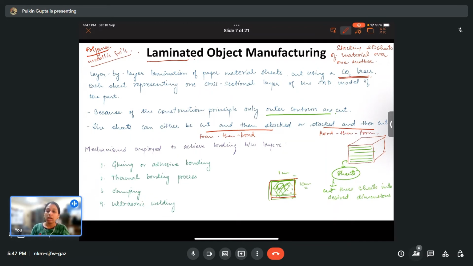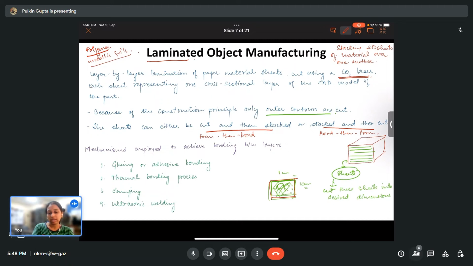Now, what are the different mechanisms used to achieve bonding between these different layers? First is gluing or adhesive bonding, which we commonly understand, like applying Fevicol or any kind of glue to bond multiple sheets of paper together. Then we have thermal bonding processes, wherein, as the name suggests, heat is employed to bond multiple sheets together.